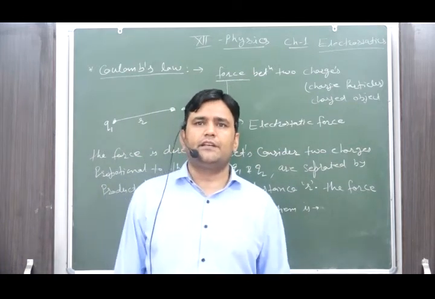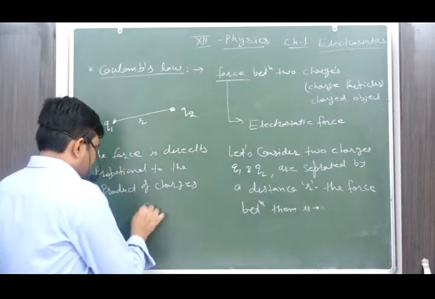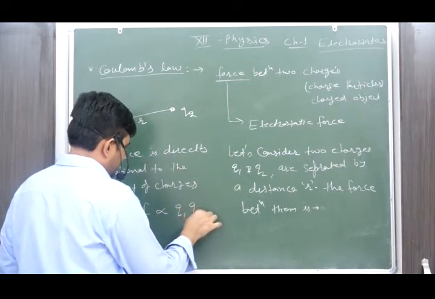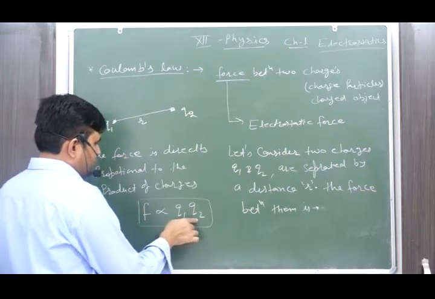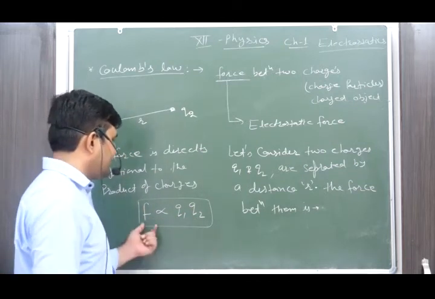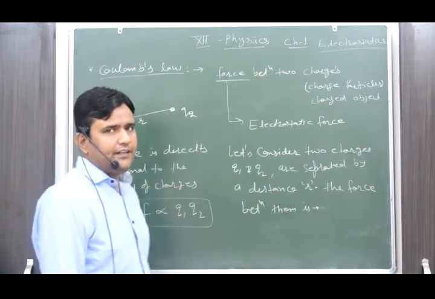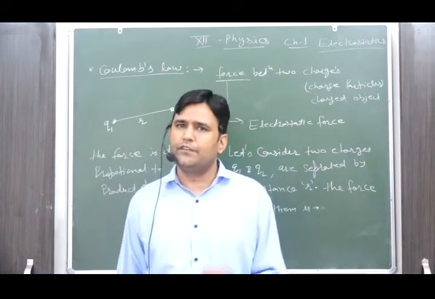Here I am considering the magnitude of the charges. It means this force is directly proportional to Q1 and Q2, and the product is defined in terms of Q1 and Q2.